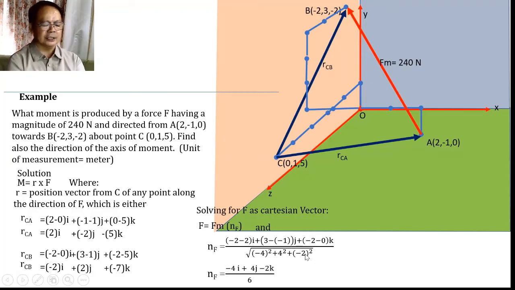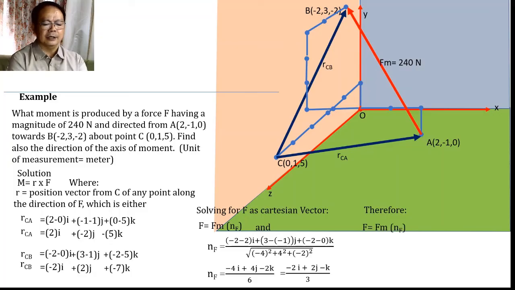That gives us the direction of F equal to (-4i plus 4j minus 2k) over 6. This can be simplified further by dividing both the numerator and denominator by 2, and that gives us a value of (-2i plus 2j minus k) divided by 3.